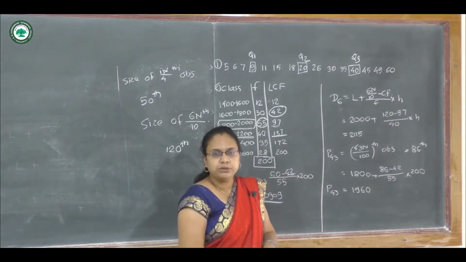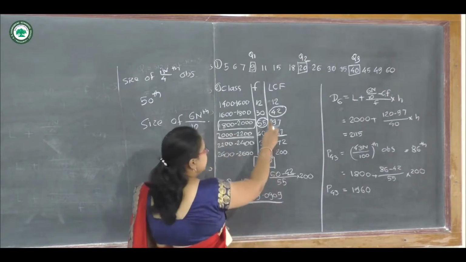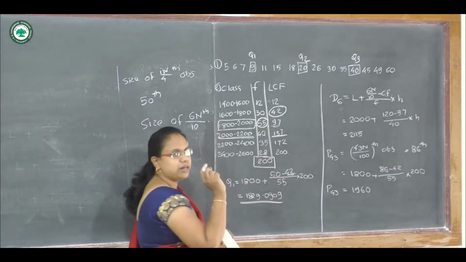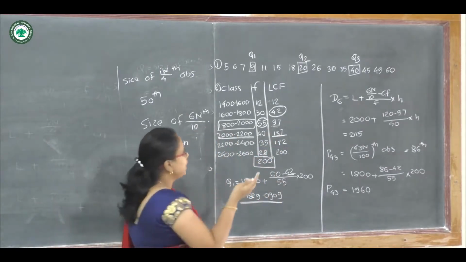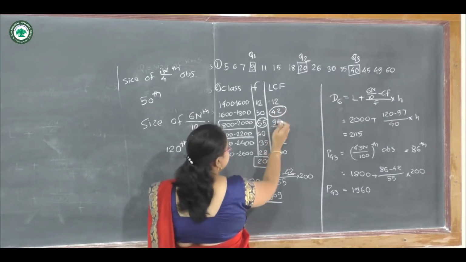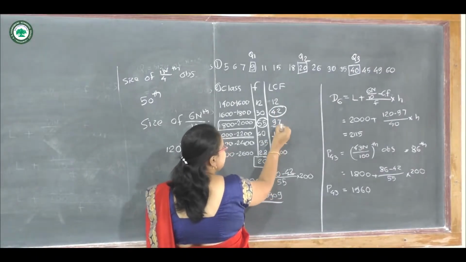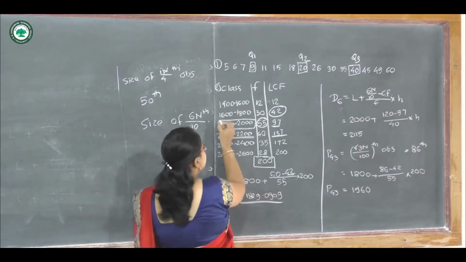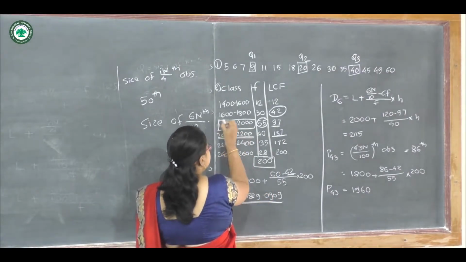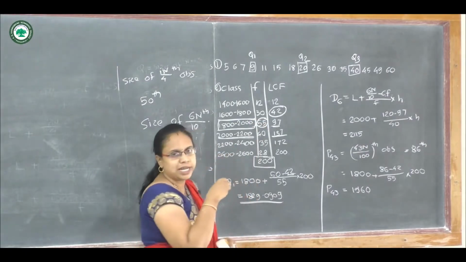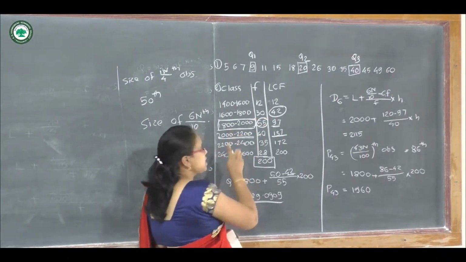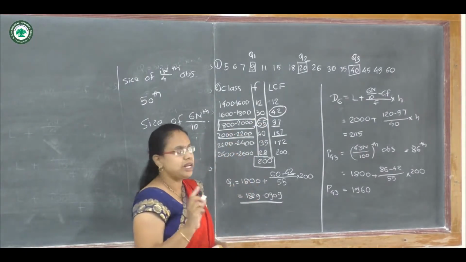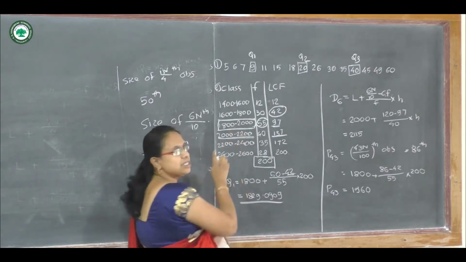We look for the LCF which is equal to or more than 86. Here we observe that 97 is just greater than 86, so this is our 43rd percentile class, which means our P43 will lie in this range.